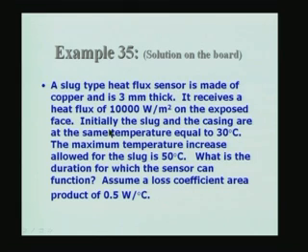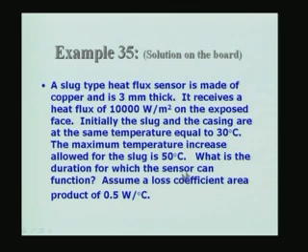It receives a heat flux of 10,000 watts per square meter on the exposed face. Initially the slug and the casing are at the same temperature equal to 30 degrees. This is nothing but your T naught and T infinity, we are assuming it to be 30 degrees, and the maximum temperature increase allowed for the slug is given as 50 degrees. We do not want to go beyond 50 degrees for the slug temperature.